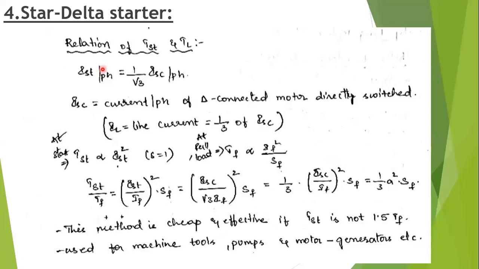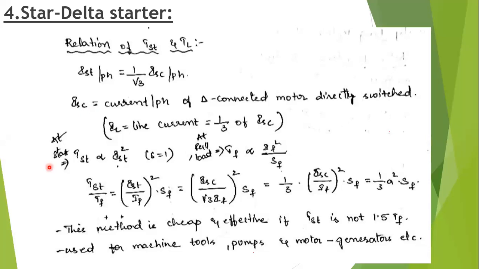Starting current per phase will be 1 by root 3 times the short circuit current per phase. ISC means the current per phase for a delta connected motor directly switched. So line current IL is equal to 1 by 3 of the short circuit current per phase for the delta connected motor.